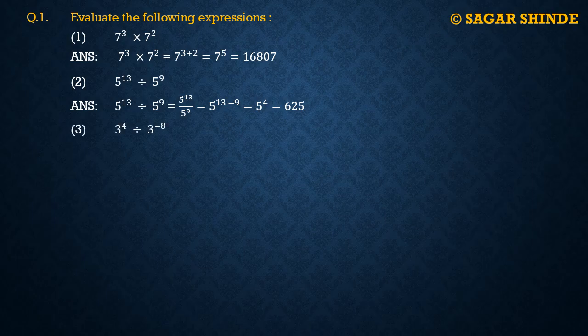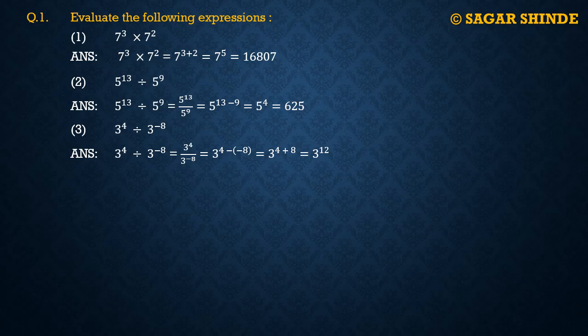Next one, 3 raised to 4 divided by 3 raised to minus 8. Here in this question, what we will do is, again we can see that there is division of the same numbers with the same base. So simply we are going to subtract the powers. So 3 raised to 4 divided by 3 raised to minus 8 is nothing but, okay, as the bases are same and powers are different, we are going to subtract the powers.